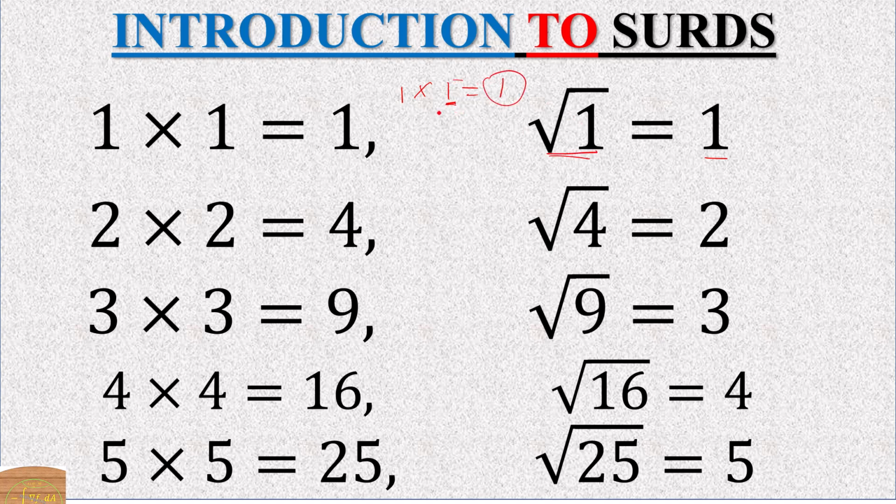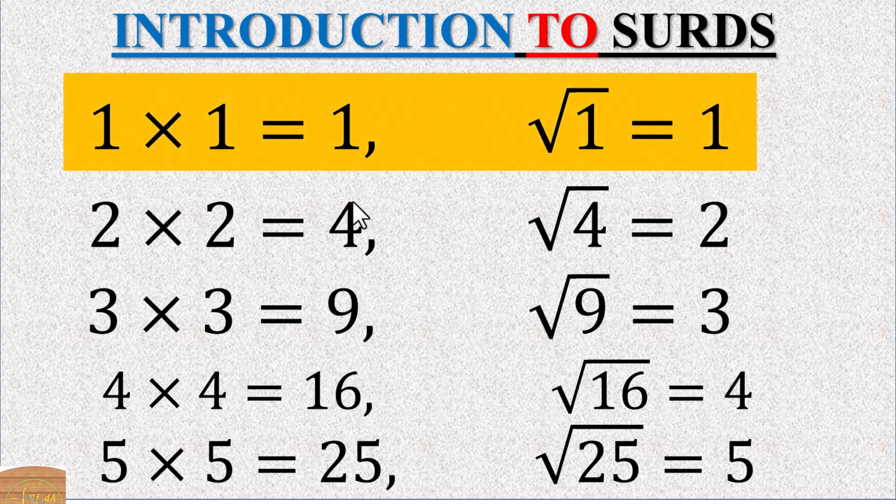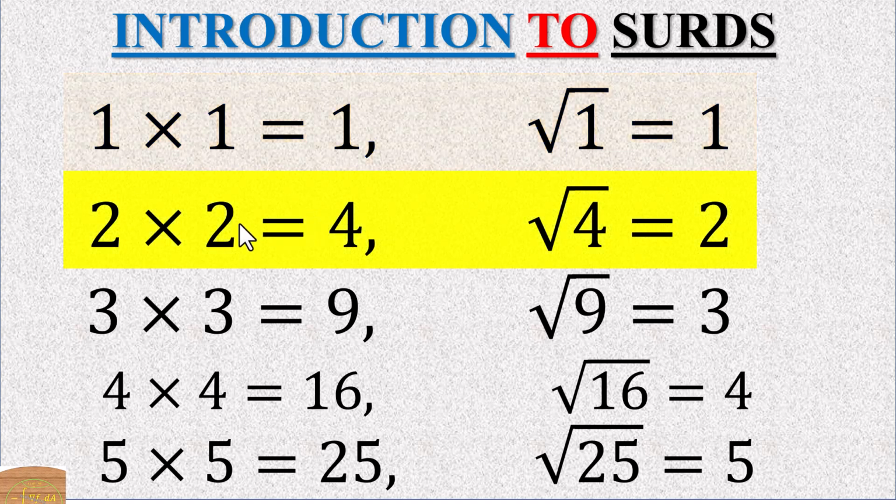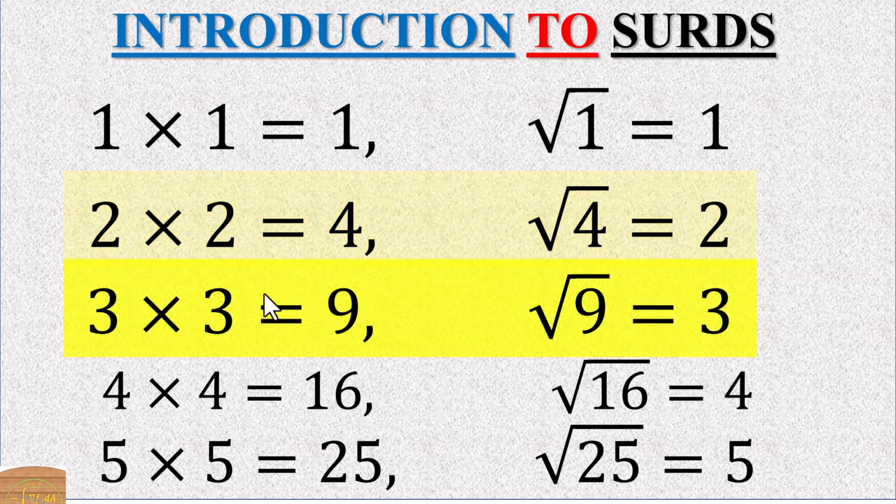Let's look at the next one. 2 times 2 is 4, and when we take the square root of 4, it gives us 2. Now, the third one: 3 times 3 is 9, and the square root of 9 is 3. So guess the next ones: 4, 5, 6, 7, 8, 9.